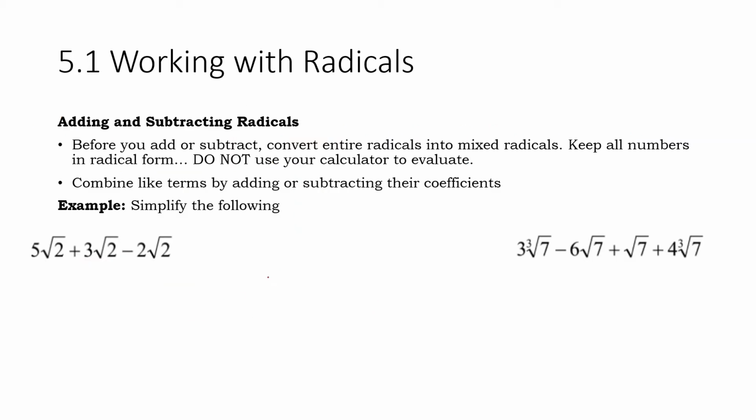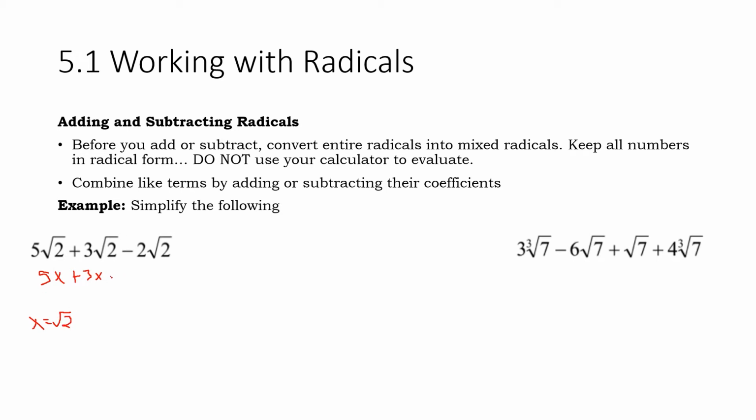So, adding and subtracting radicals. I mentioned in the previous video that it is useful to imagine these as x's to connect together your previous skills. Let's imagine this was 5x plus 3x minus 2x, where x is equal to root 2.